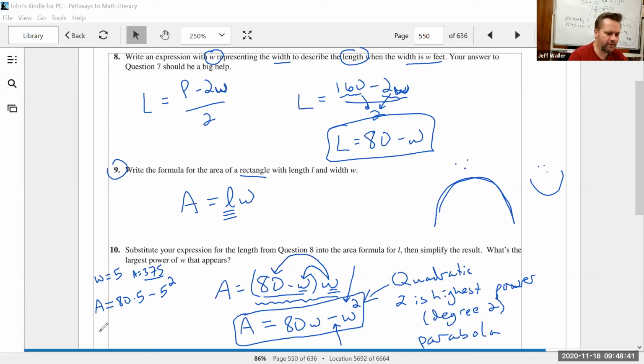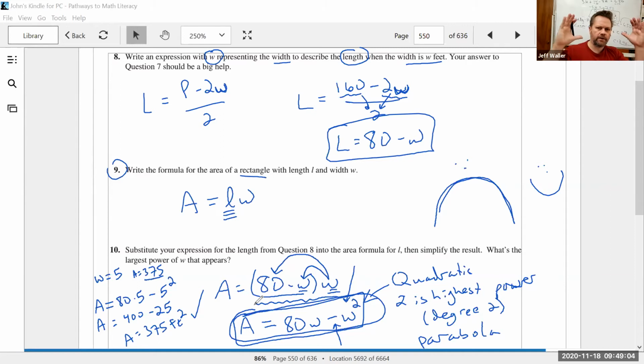This is where I get nervous that I make a stupid mistake doing this. So 80 times 5 is 400. I think I'll be okay. Area is 375 square feet. Check. So this formula captures all the work we did in a much more concise way.